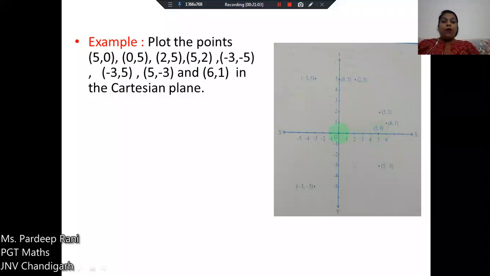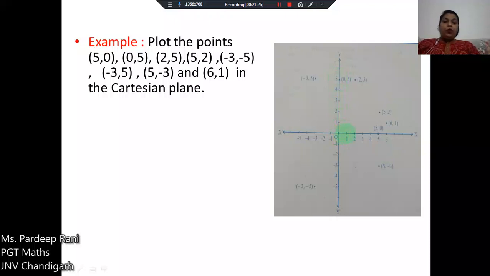Next, (0, 5): its x-coordinate is 0, so this point will lie on the y-axis at 5 units in the positive direction of the y-axis. So we come to know about this point, which is being pointed out as (0, 5). Next is (2, 5).